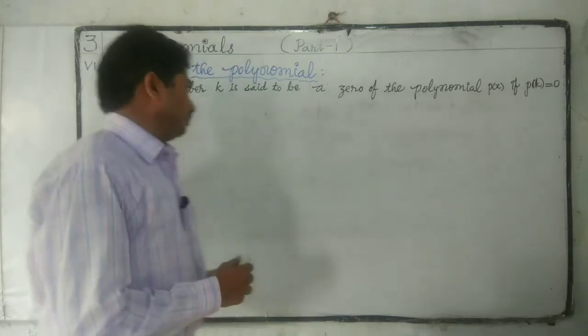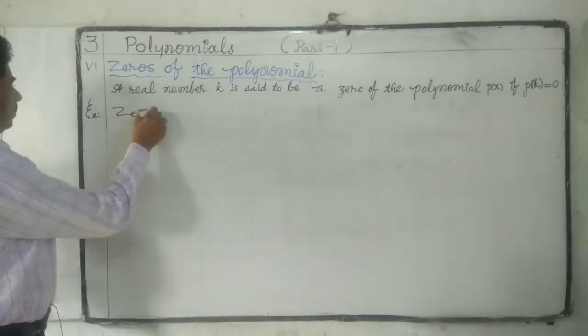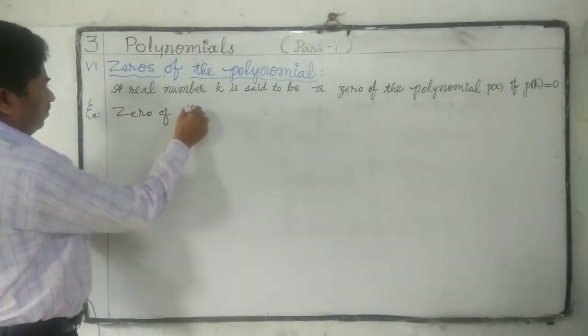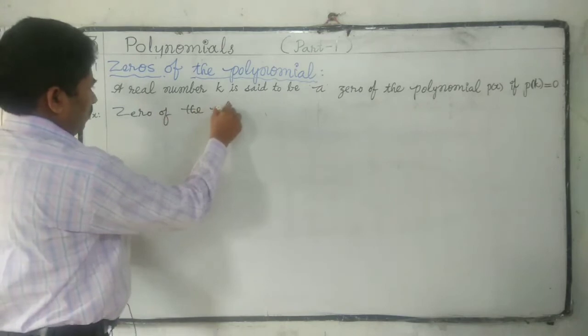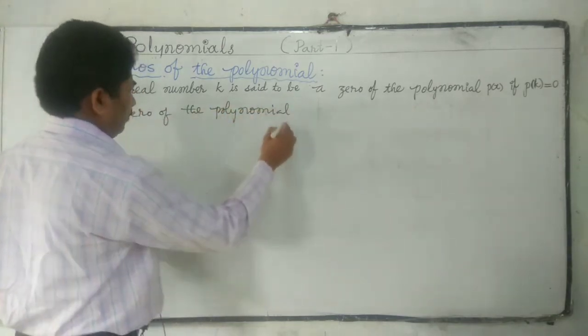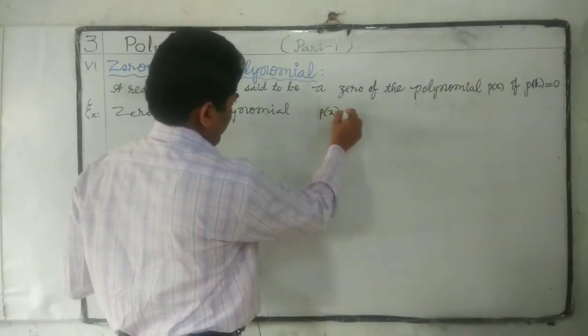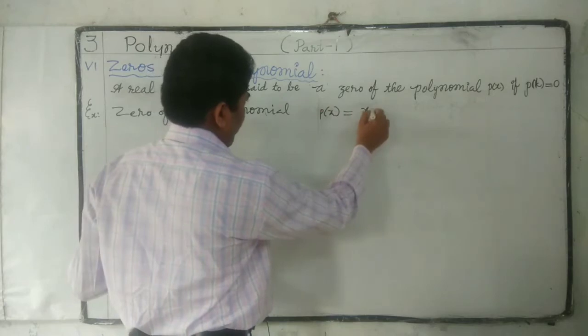For example, zero of the polynomial p of x is equal to x plus 2.